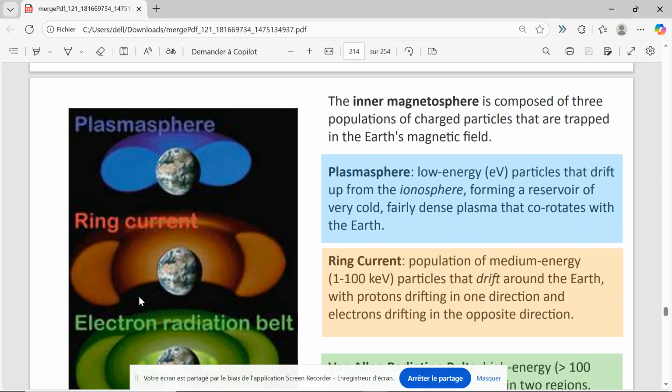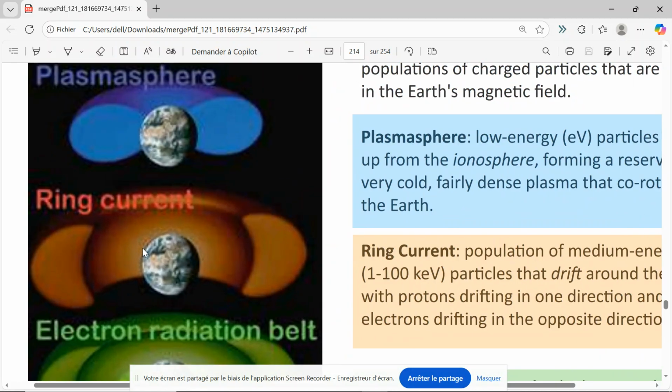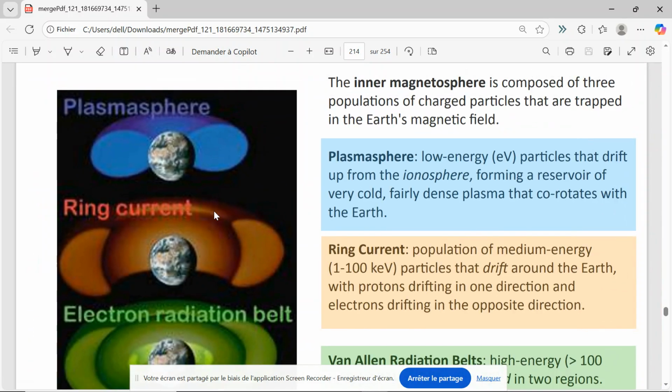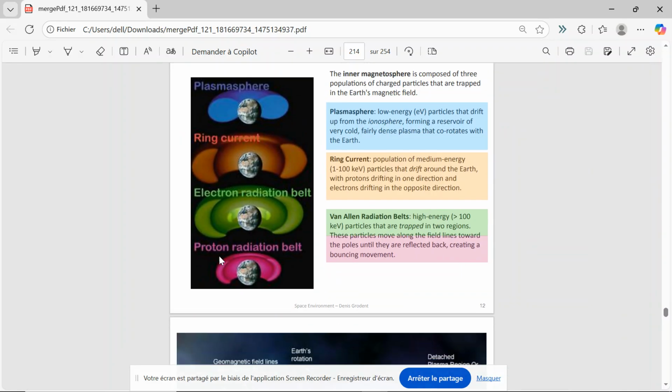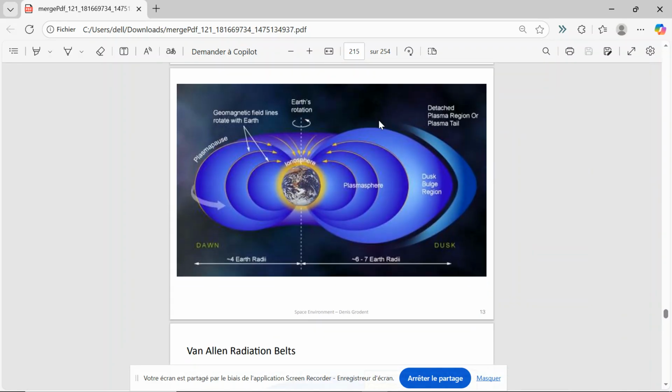Yes, the ring current is induced because of the tilt of the protons and the electrons. They are tilted in opposite directions, creating that net current, called the ring current.